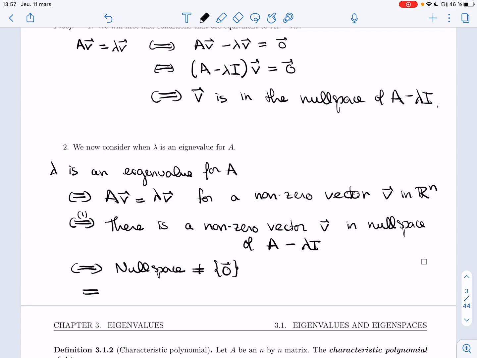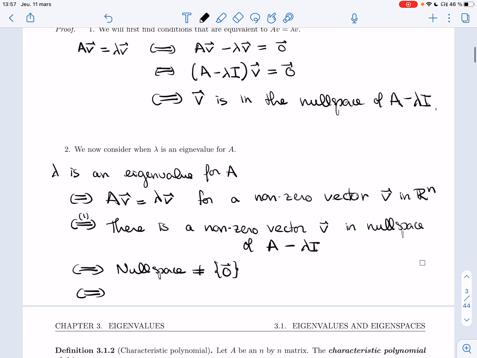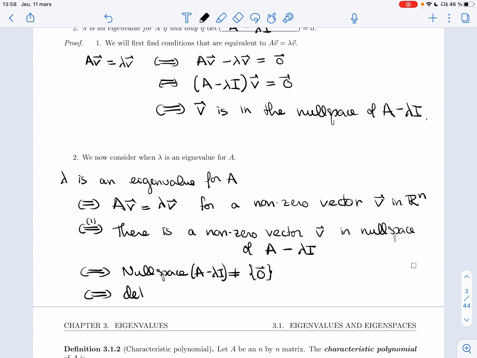And so the invertibility theorem tells us that that's the same thing as A minus lambda I, sorry, let me put the matrix. That's the same thing as this matrix not being invertible, and so the determinant of A minus lambda I is 0. So this is by the invertibility theorem.